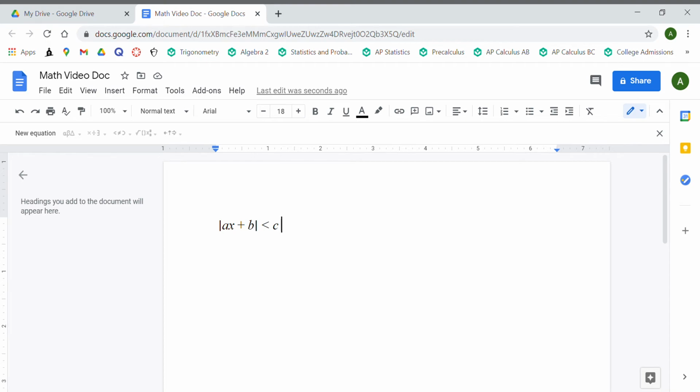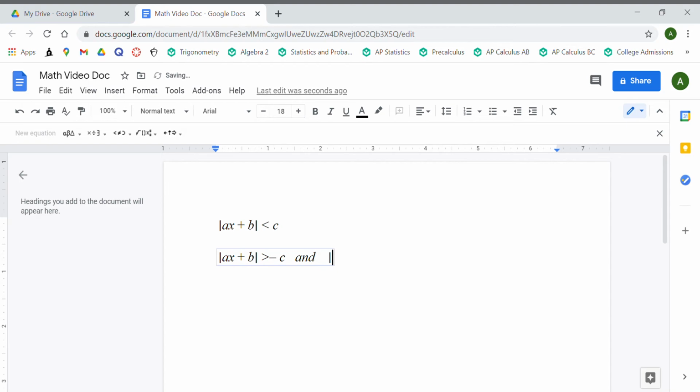It can be less than or equal to as well. But if you have anything with the arrow pointing to the left, it will be split into two inequalities. It will be split into this, and notice the "and" part. That's why I told you guys to review compound inequalities if you feel like you need them.